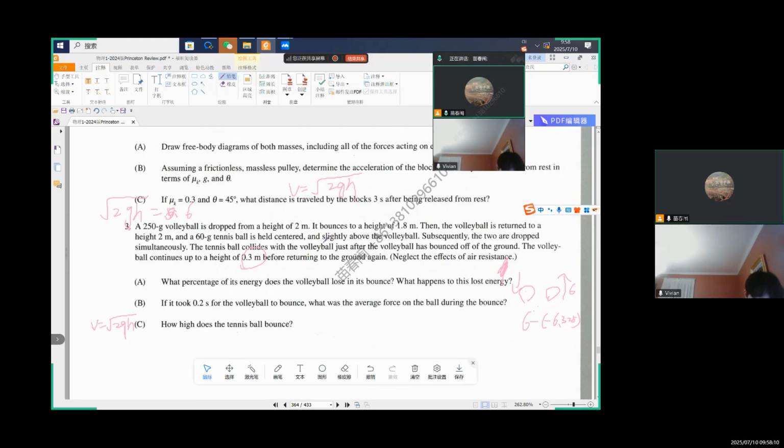Also, do you know what it means by this one? They have an indication in here, slightly above, which means after the dropping, their velocity should be approximately the same. Does that make sense? Yeah.